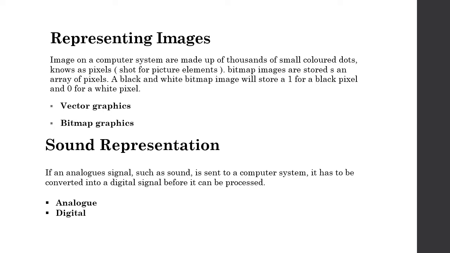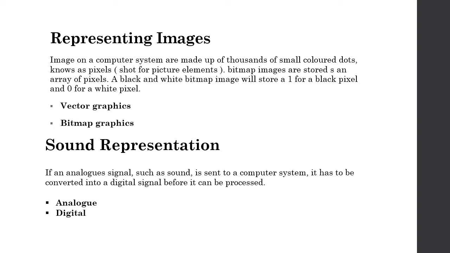There are two types of image representation: vector graphics and bitmap graphics. In vector graphics, images are stored in a different way in computers. When you create a drawing in PowerPoint, this is a vector graphic. Each line, circle or square is made up of simple properties such as position, height and width. Then we will talk about bitmap.